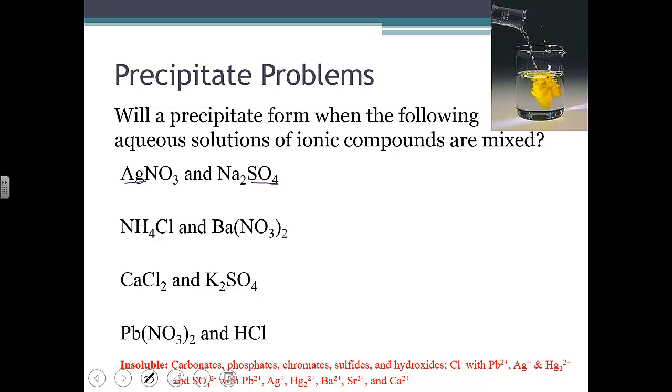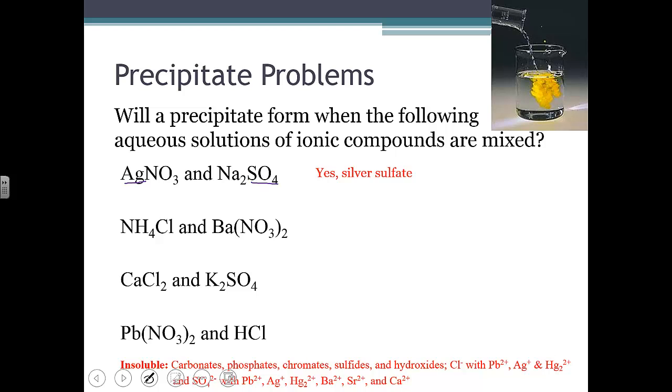So we can say that, yes, silver sulfate is going to precipitate out of solution. NaNO3, if we double check it, we don't see anything down here where I've summarized what's insoluble. I don't see anything that says anything about nitrates. So sodium nitrate is going to be soluble.